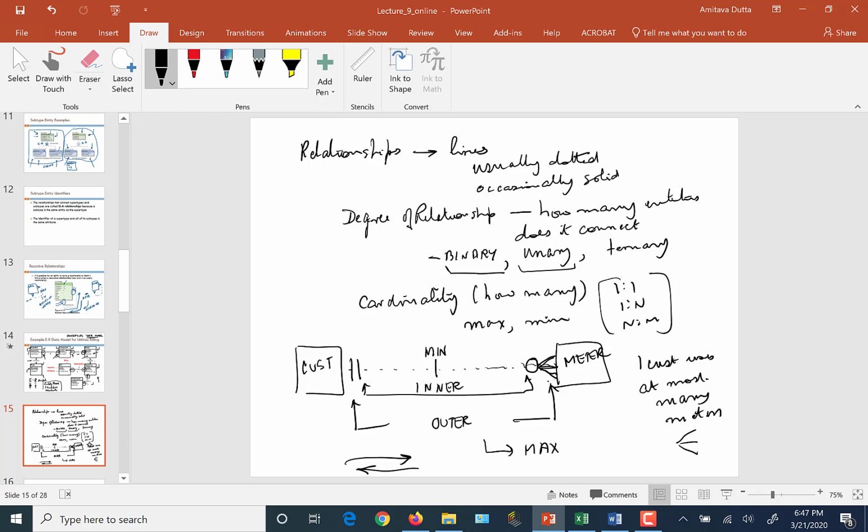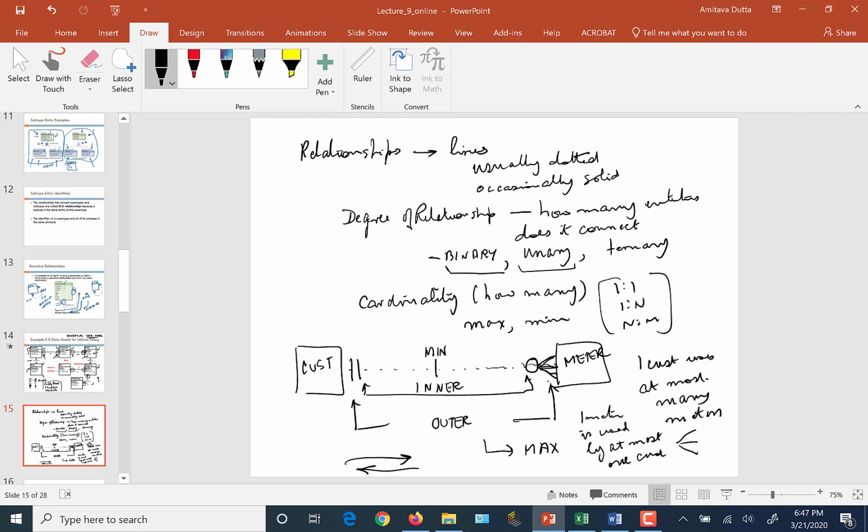Now if I go in the reverse direction from meter to customer, we'll say one meter is used by at most one customer.